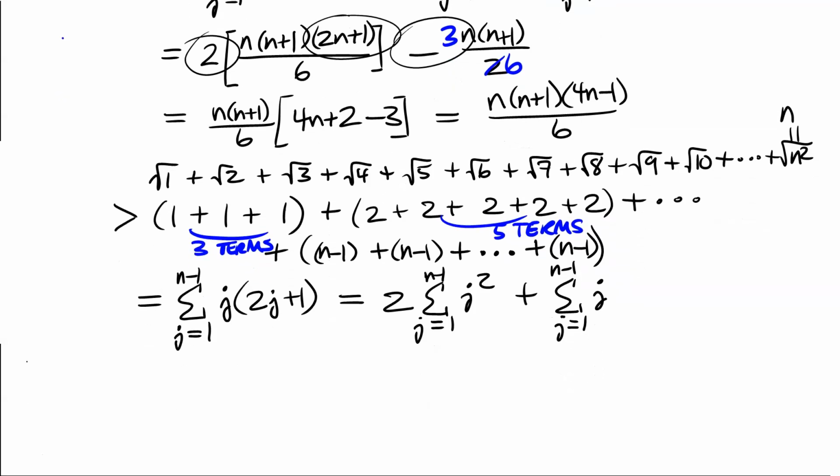Okay, so what does this end up making? Let's see. This is going to give us 2 times, alright, so when I plug into the formula, I have to be a little bit careful here. This is supposed to be n times n plus 1 times 2n plus 1 over 6, but we're only going up to n minus 1.